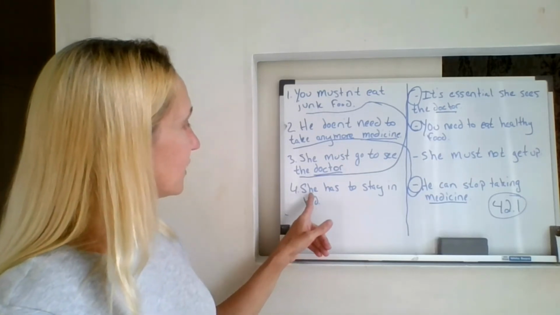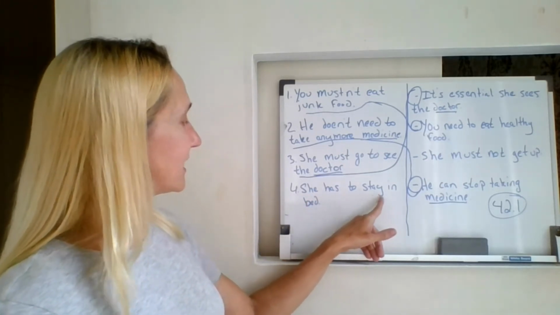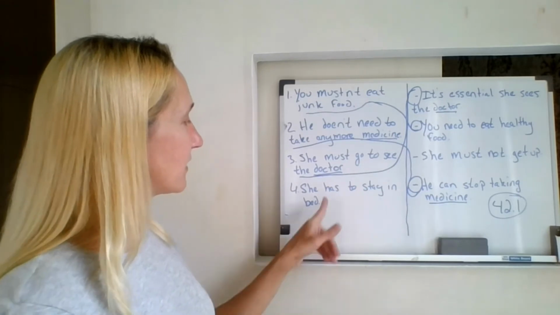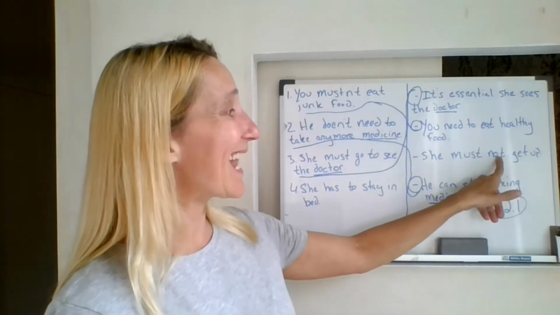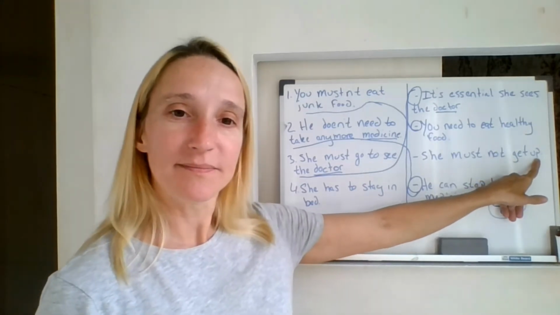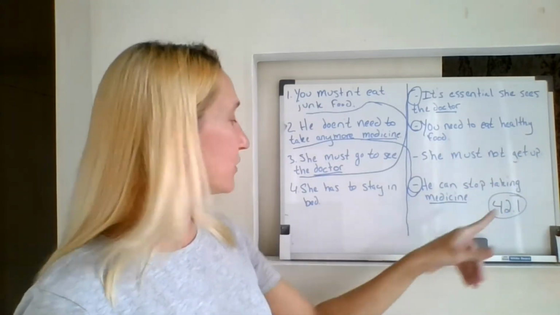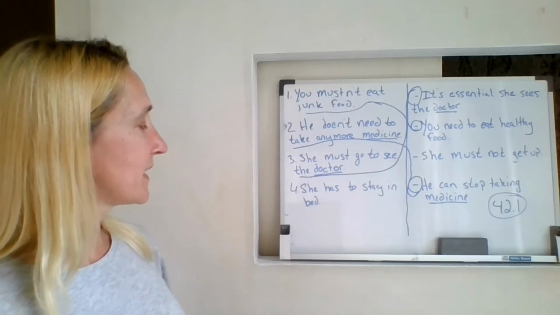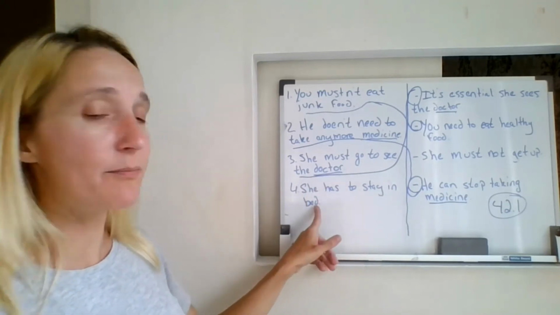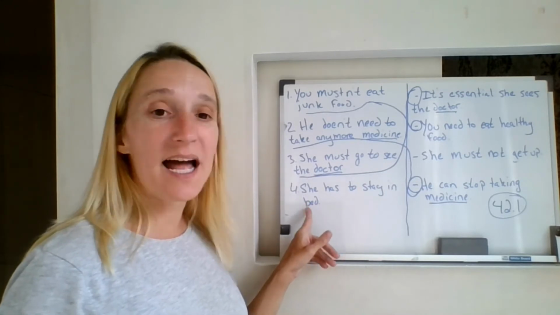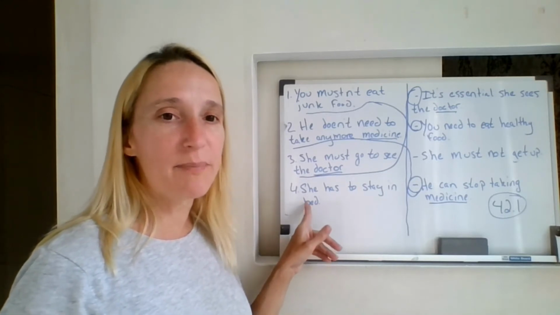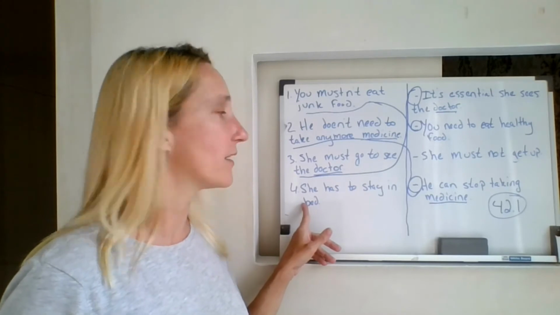Yes? She has to stay in bed. There's the has to. And then she must not get up. And get up refers to stay in bed. So she has to stay in bed. She is bedridden. She is not allowed to get out of bed. It is not healthy for her.